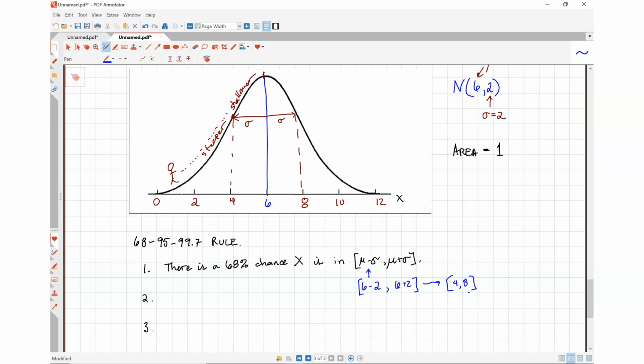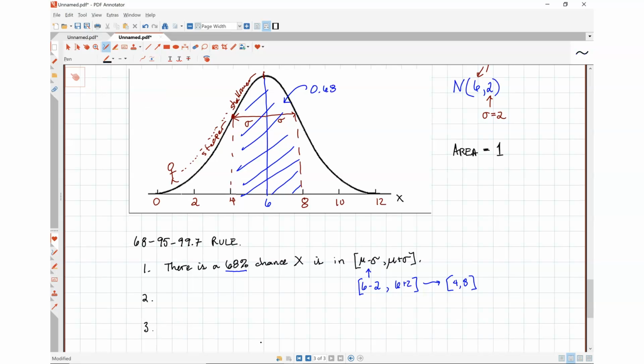And I've used this interval notation. When you put these square brackets around and have a comma in the middle, that's just talking about that part of the number line that's between 4 and 8. And the fact that there's a 68% chance of x being in that range tells me that the area of this region is 0.68. Now that's the first part of the rule.